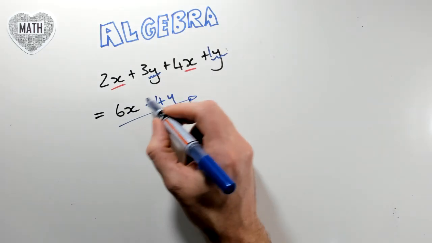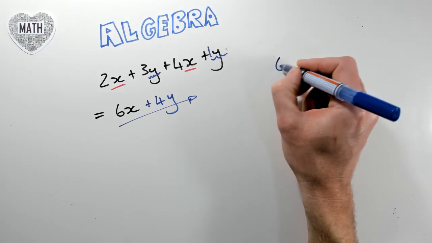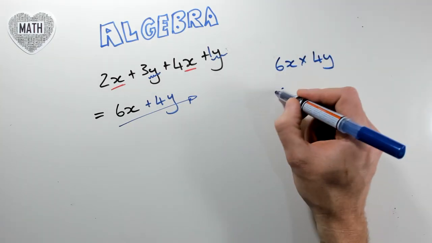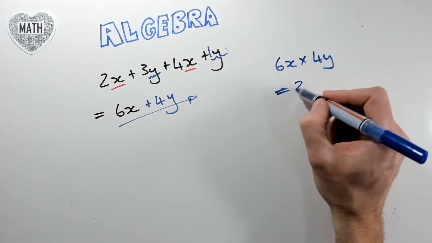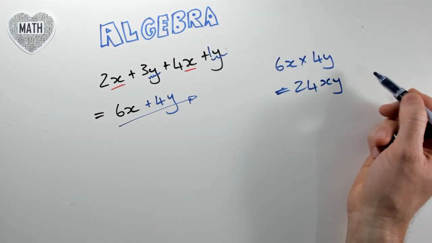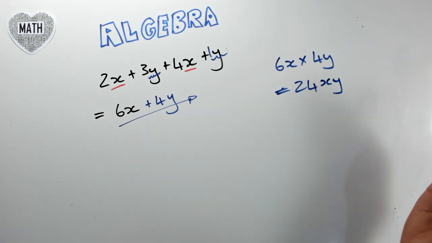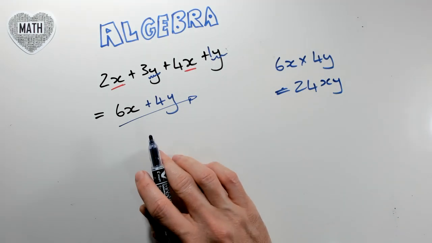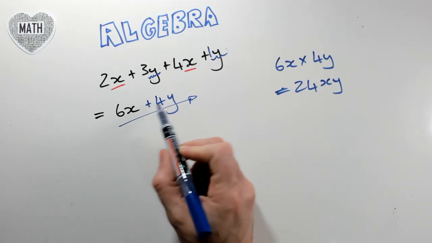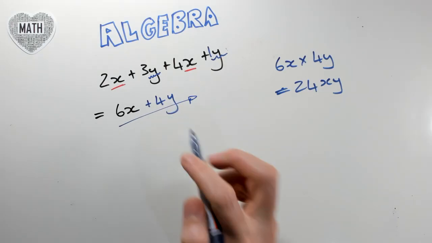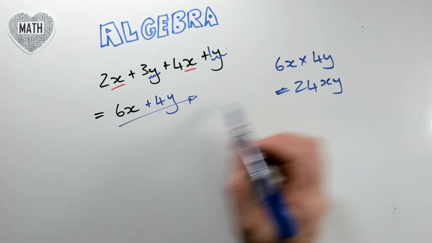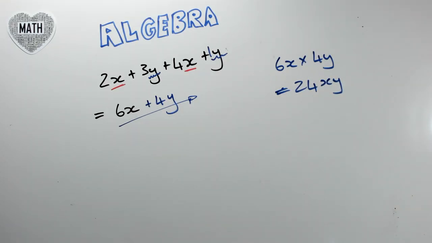So if I had, let's say, an example like 6x times 4y, I can actually simplify and say, well, 6 times 4 is 24, and x times y just becomes xy. We'll look at multiplication a bit later. I'm just focusing more on plus and minus now, but I just want you to realize that although we can multiply things that aren't the same, we can't add or subtract things that are not the same.